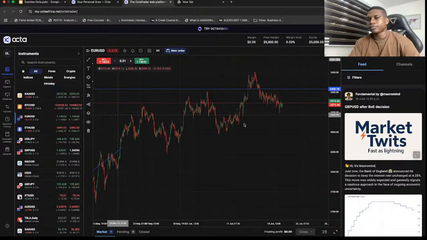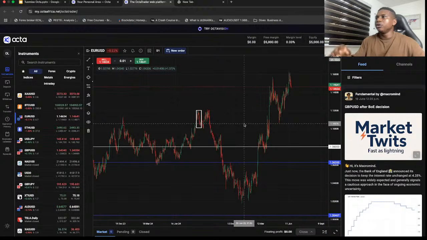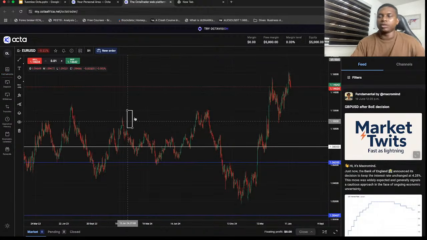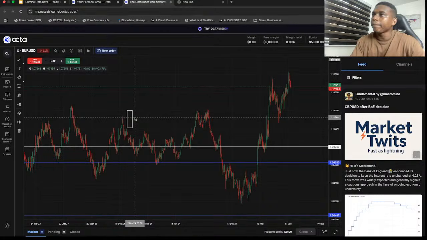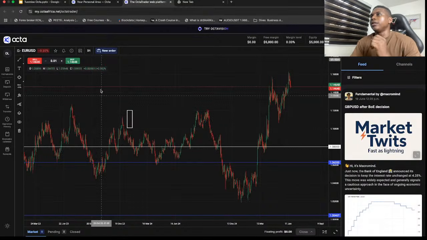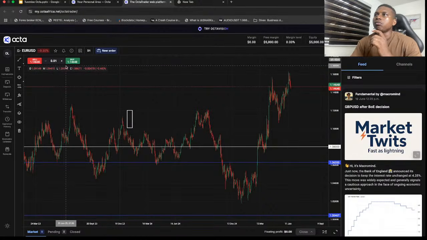All right. So here is our EURUSD chart. Okay, so let's take this off so we can have a wider screen also. So here we can see that this is on the daily time frame.